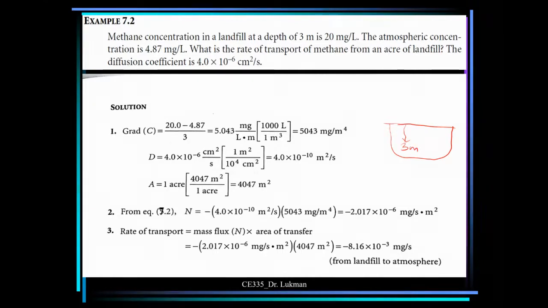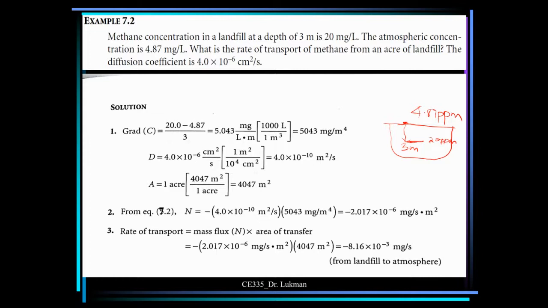So at a depth of around 3 meters beneath the earth's surface within the landfill, the methane concentration is 20 milligram per liter. Milligram per liter, you know, is ppm, parts per million. Okay? And then in the air, the atmospheric concentration, on the surface here, the concentration is 4.87 ppm, which is milligram per liter.